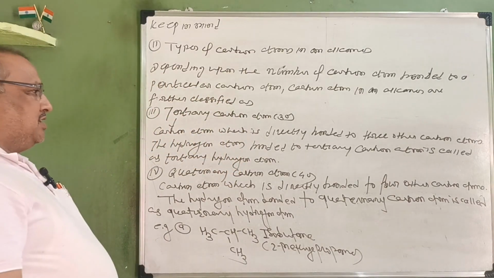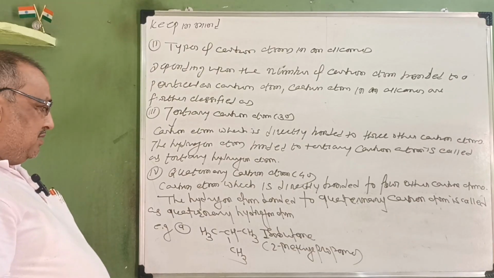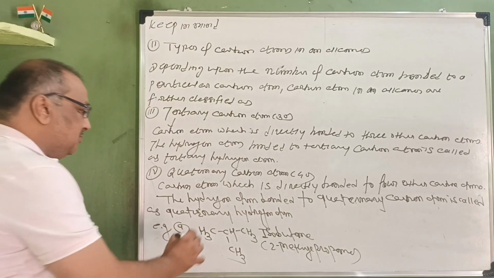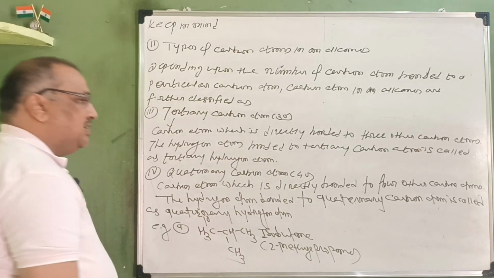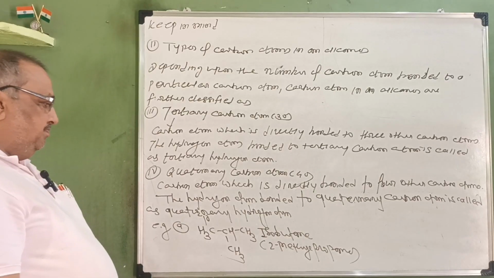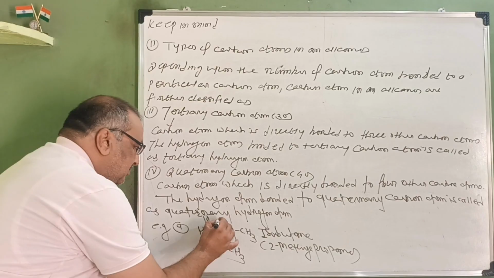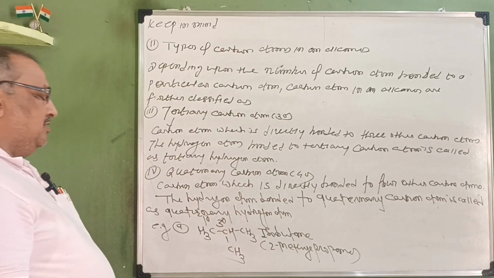Now let us try to find out the type of carbon atom here. This carbon atom is directly bonded to only one other carbon, that is primary. This carbon atom is bonded to 3 other carbon, that is tertiary.